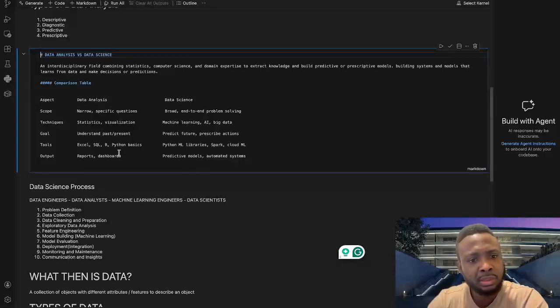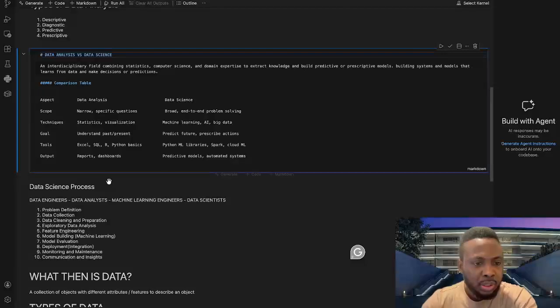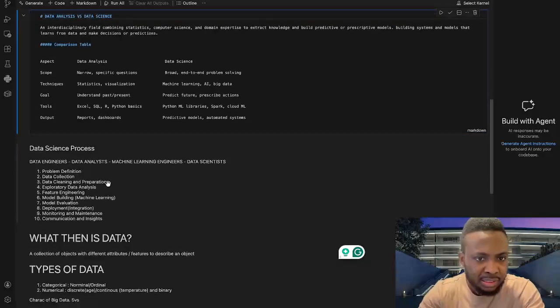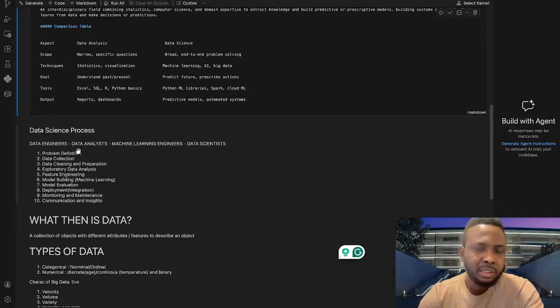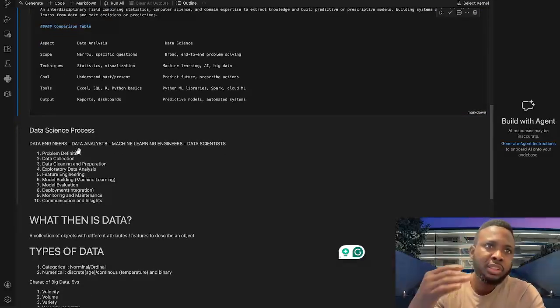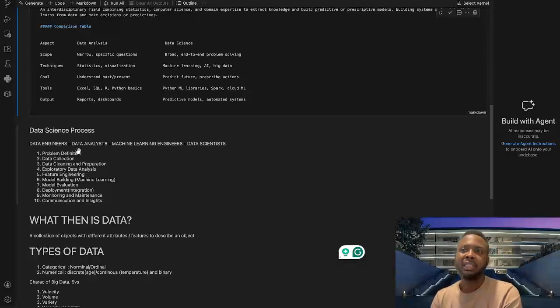But in this course we are concerned about data analysis, because I myself, even as a data scientist, my major interest is in machine learning, but I kind of have a love for data analysis as well. So let's look at the data science process, just like we talked about the data analysis process. Like I said, data science is the mother of data analysis, which means data analysis is a subset of data science.